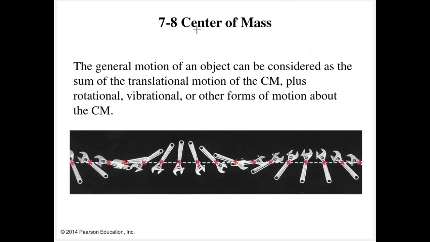So let's shift gears a little bit and talk about the center of mass. Up until this point, we've been dealing with, let's just say, boxes or balls. And we've said, suppose I take this box and I throw it. It's going to go up, it's going to come back down, and it's going to land on the ground.